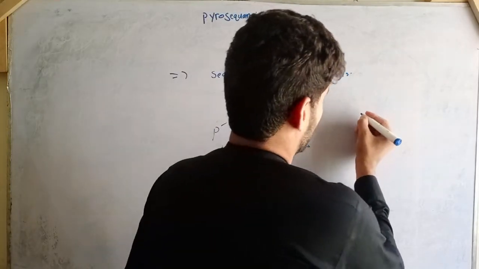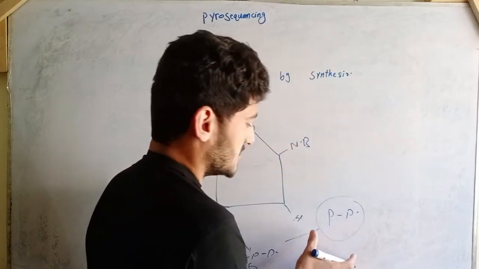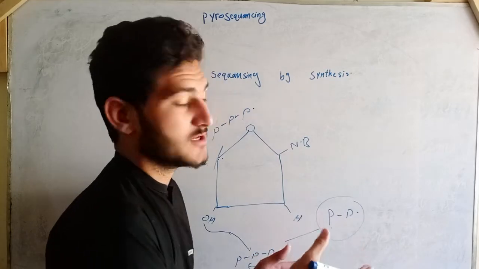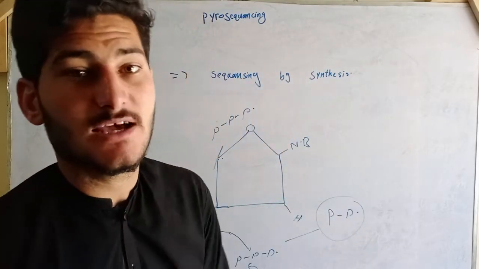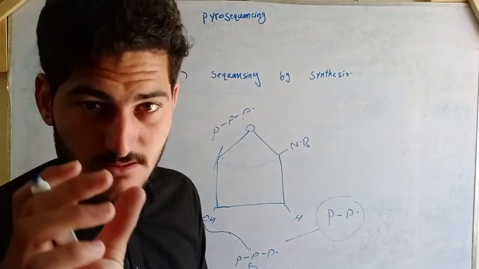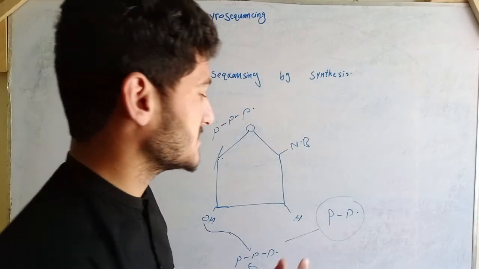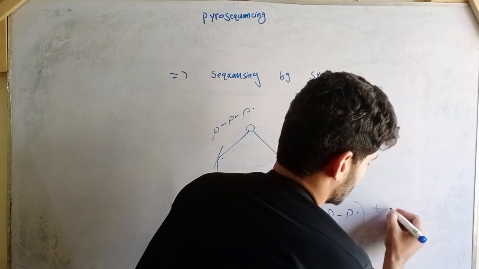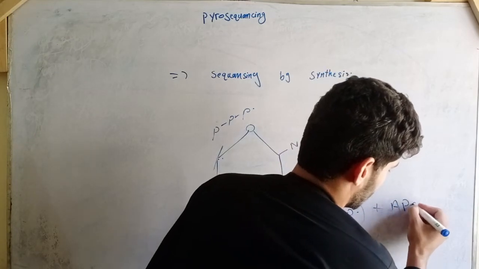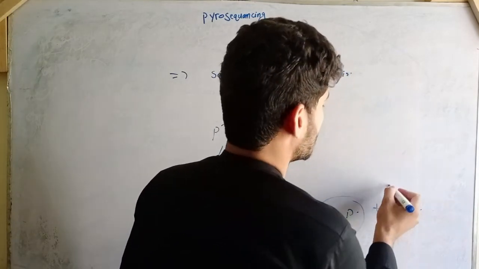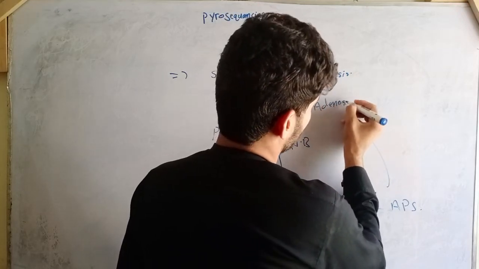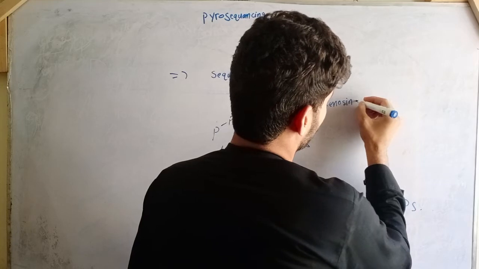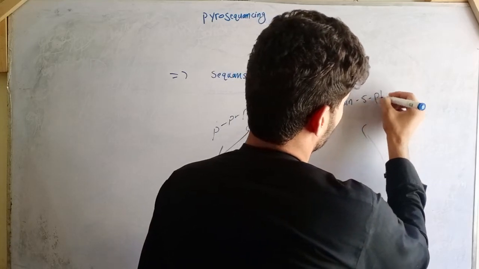So when this pyrophosphate is formed, it combines with another type of substrate molecule which is called APS, and this APS stands for adenosine 5-phosphosulfate.